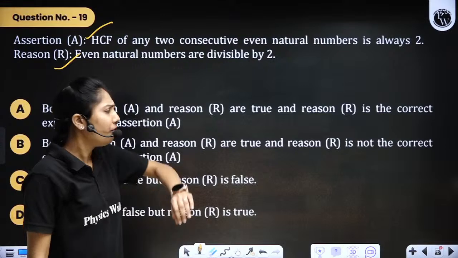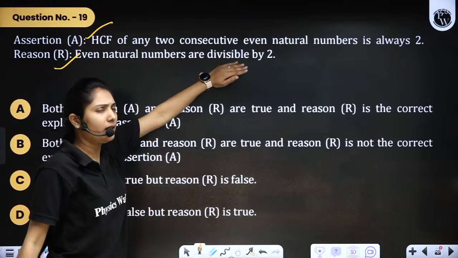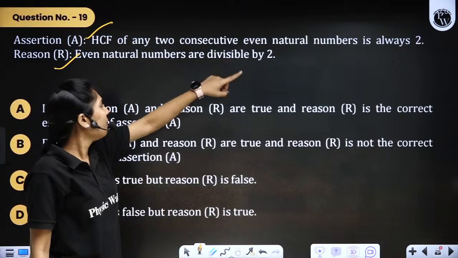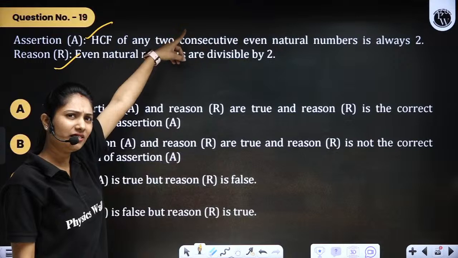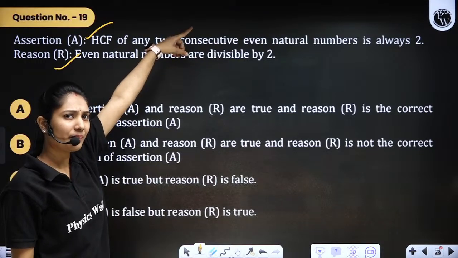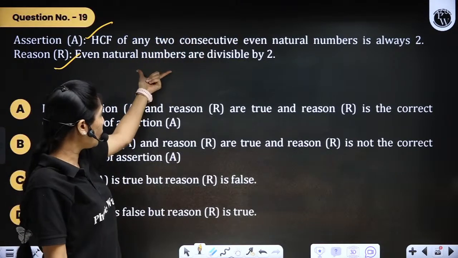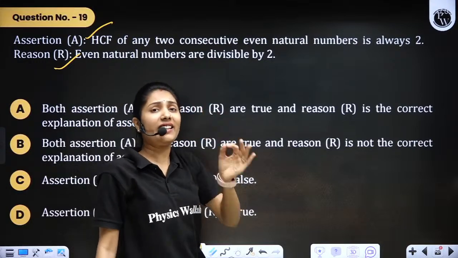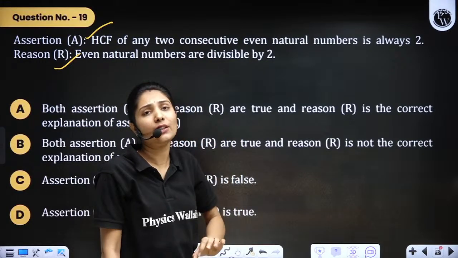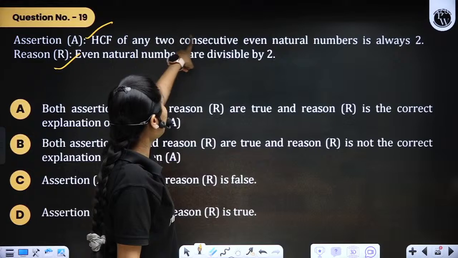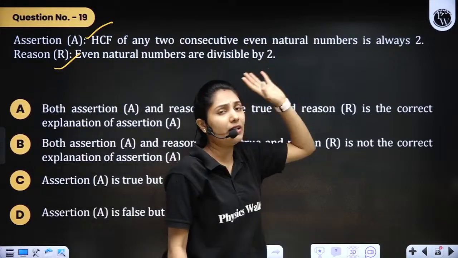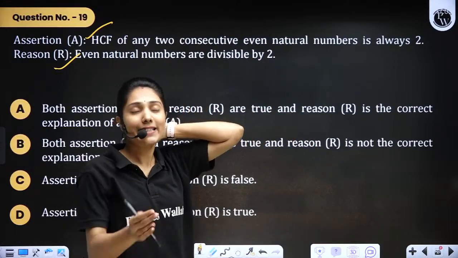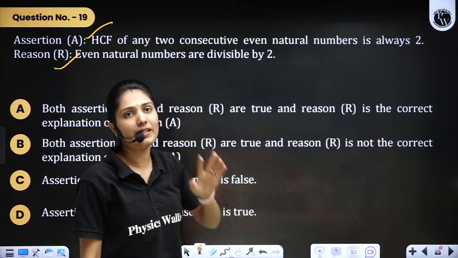But if we are not aware of this particular statement, we can't say this one, is it? Even though we don't know that even natural numbers are divisible by 2, in that case also we can calculate that the HCF of every two consecutive even natural numbers is 2.